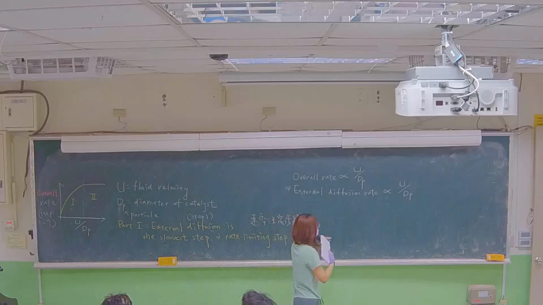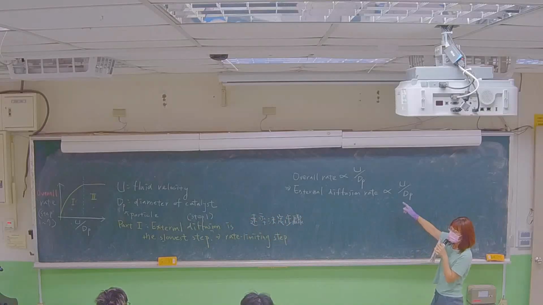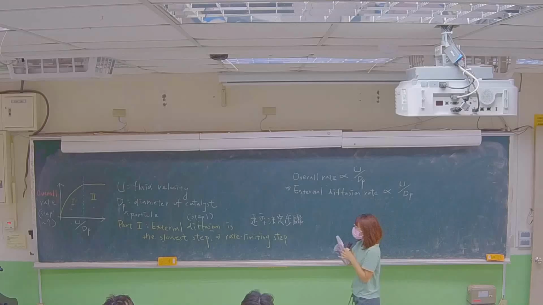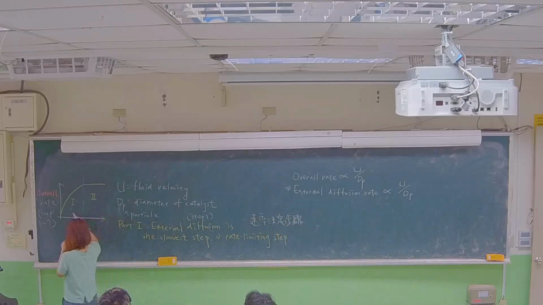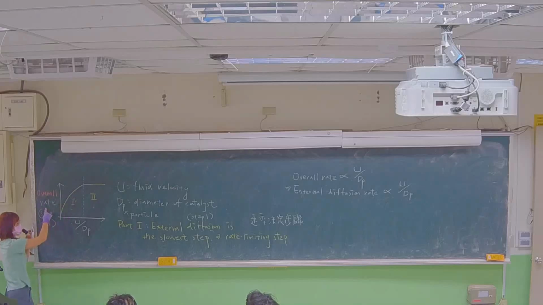So the diffusion rate is inversely proportional to dP. At part 1, this curve is like this because overall rate is determined by external diffusion rate.